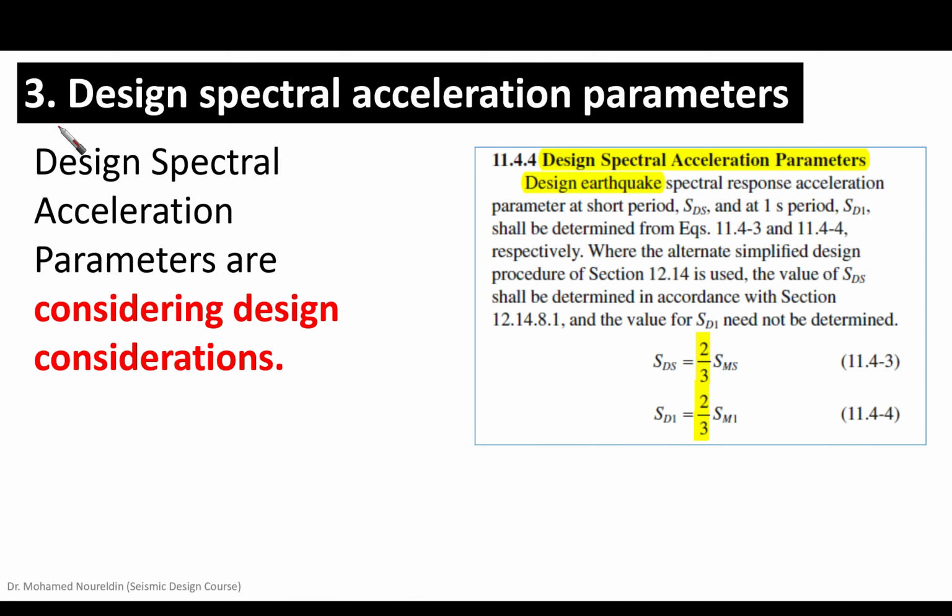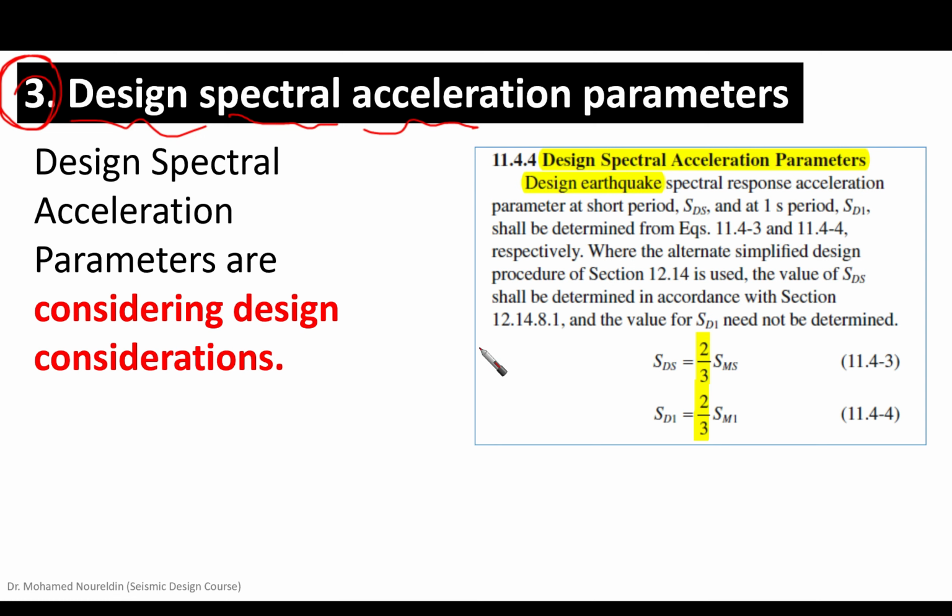Now let's go to the third part, which is related to the design spectral acceleration. We are at the last stage needed for obtaining two parameters that will help us construct the response spectrum.